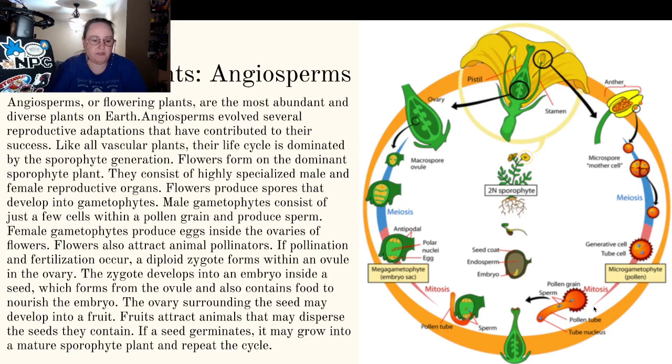So flowers attract animal pollinators. This is where the plant kingdom decided to use the animal kingdom to do its bidding. And because of this, angiosperms can also be quite dependent on the animal kingdom and vice versa. There are some species, and we're going to talk more about this when we talk about ecology a little later, where unfortunately, if one dies, so does the other species.